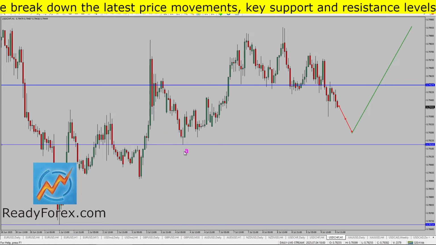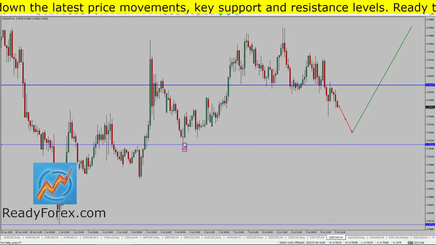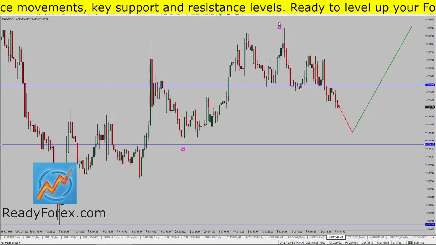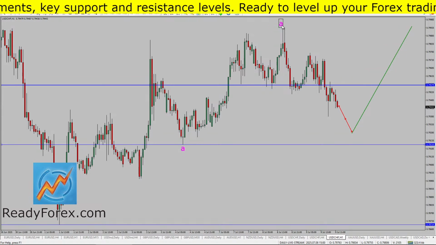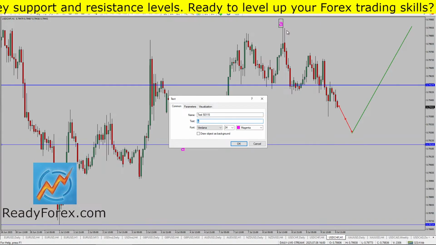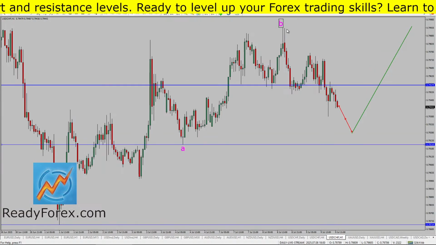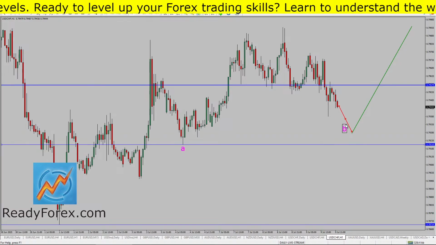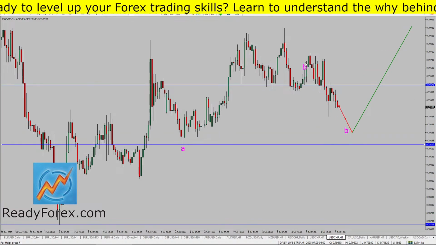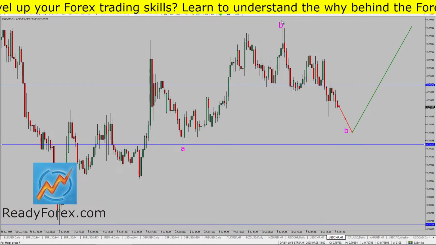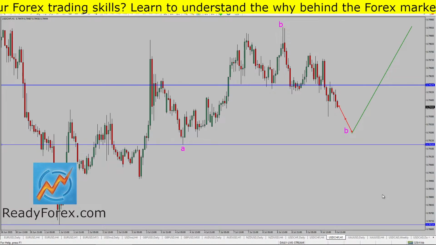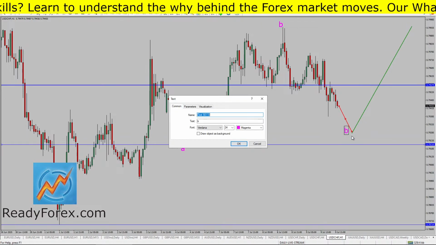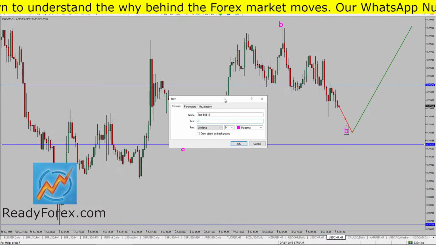This is wave A, and after wave A we got a bullish leg, wave B. And after wave B, expect a bearish leg, wave C. So wave A, B, and this is going to be wave C over here.